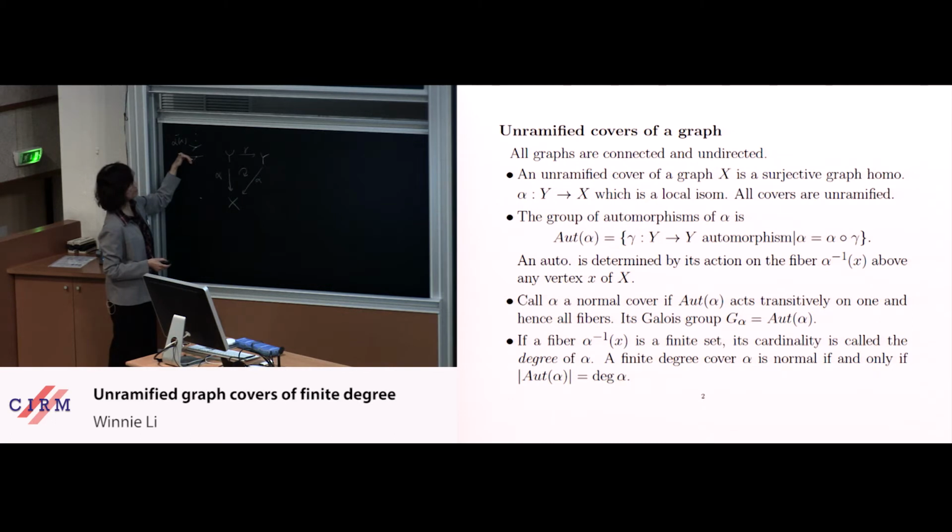That common number is called the degree of the cover. If this cover alpha has a finite degree, then it is Galois if and only if the size of the automorphism group is the same as the size of the fiber. That's exactly the same as what happens for number field extensions: a finite extension is Galois if and only if the automorphism group has a size equal to the degree.